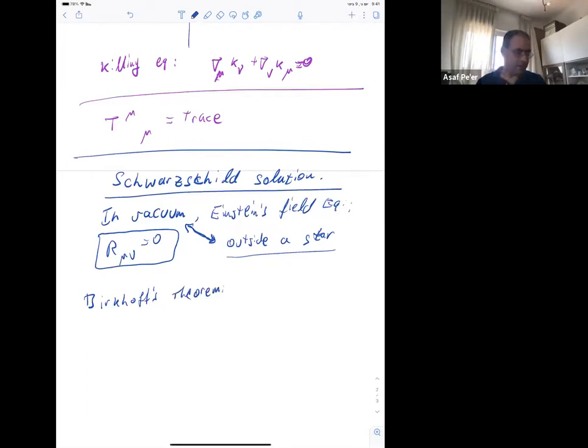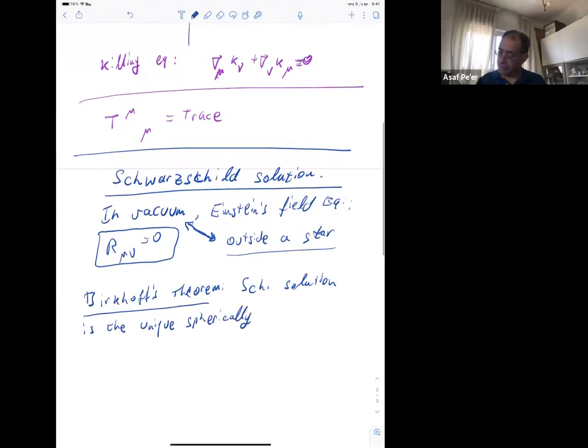It says that the Schwarzschild solution is the unique spherically symmetric solution to Einstein's equation in vacuum.